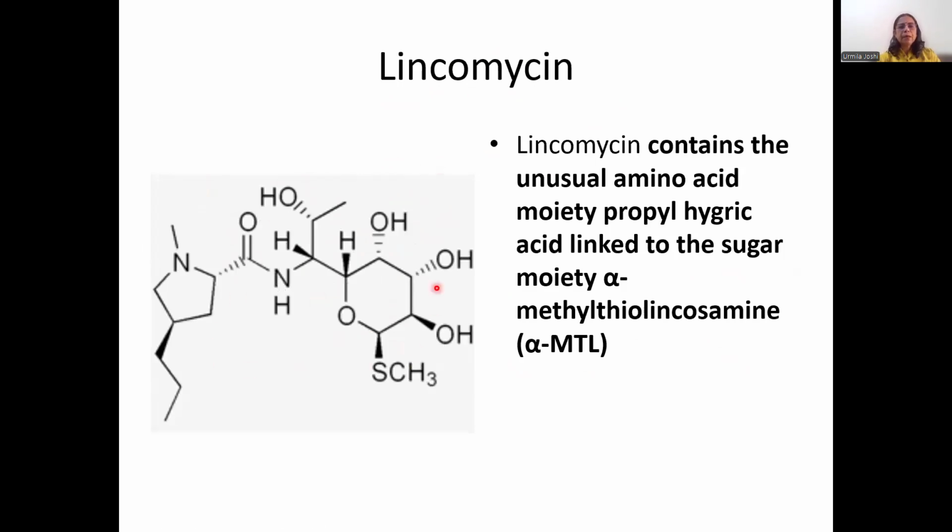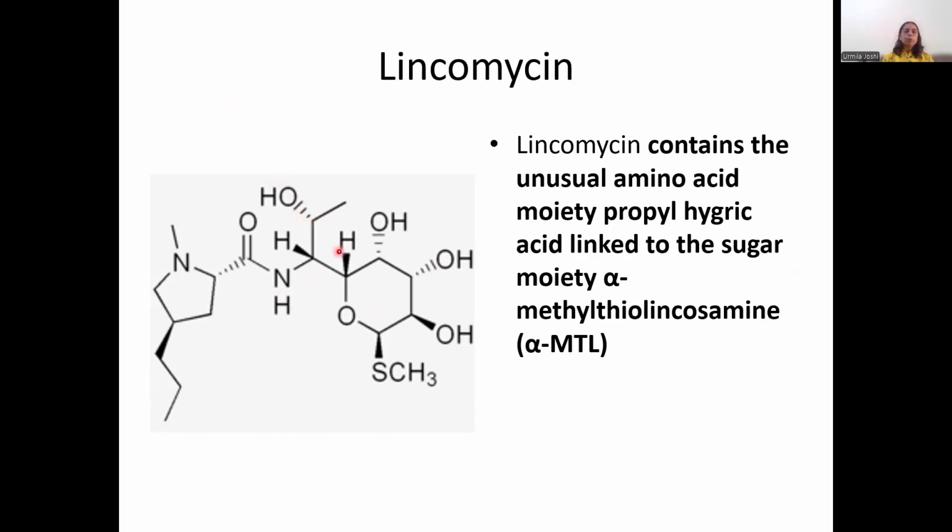Have a look at the lincomycin structure. The 8 carbon sugar is just the same as in clindamycin. The only difference at this position, clindamycin contains a chloro, whereas lincomycin contains OH.